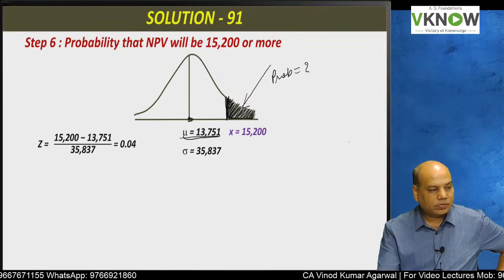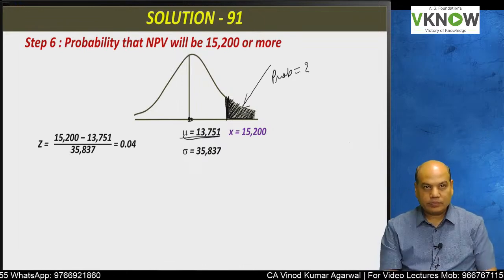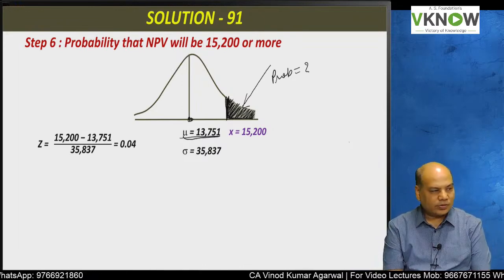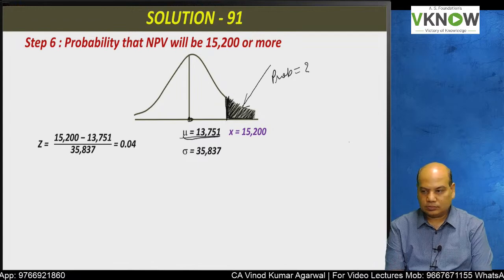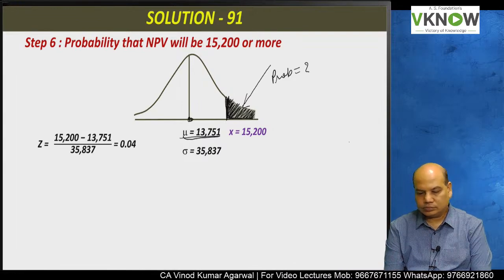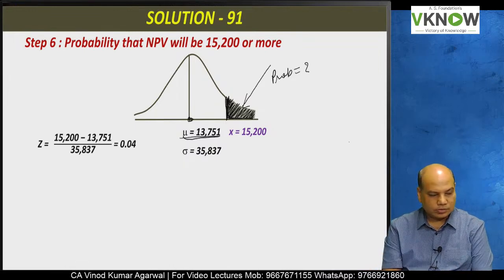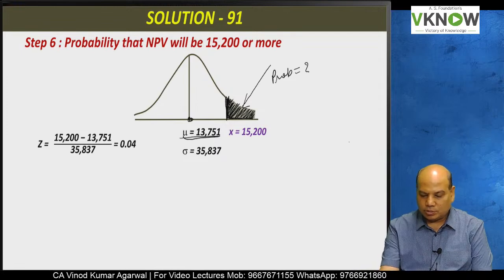Write down Z is equal to 15,200 minus 13,751 divide by 35,837, and that is equal to 0.04.